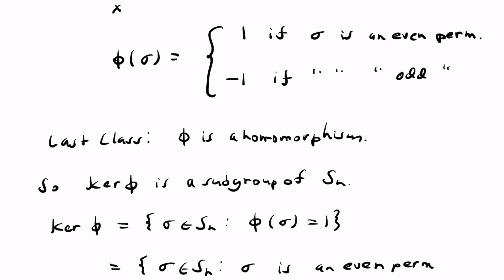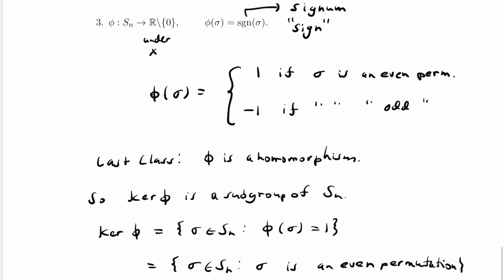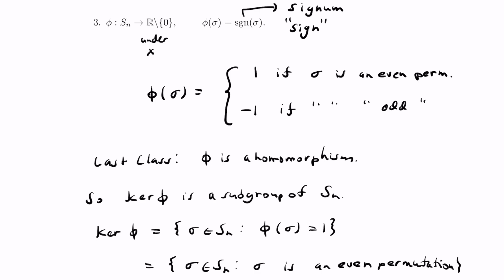And we had a name for the even permutations inside Sn. This was An. So here is a nice, relatively short proof of the fact that An is a subgroup of Sn by recognizing that An is actually the kernel of a homomorphism.